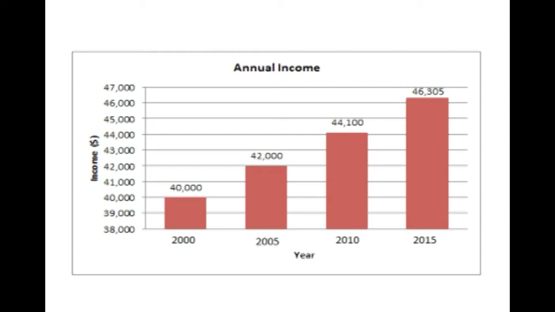In the year 2005, the annual income was $42,000. In the year 2010, the annual income was $44,100. In the year 2015, the annual income was $46,305. Qualitative data are not compatible with inferential statistics as all techniques are based on numeric values.